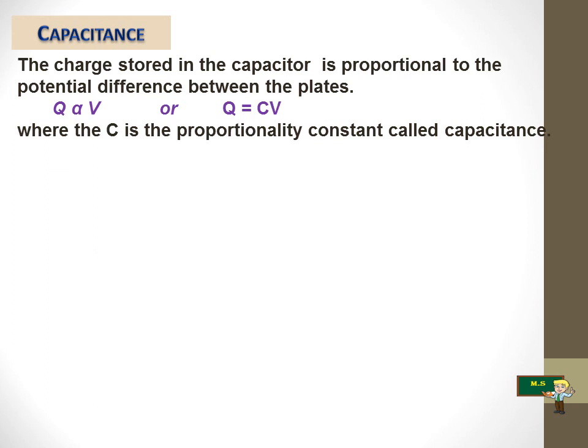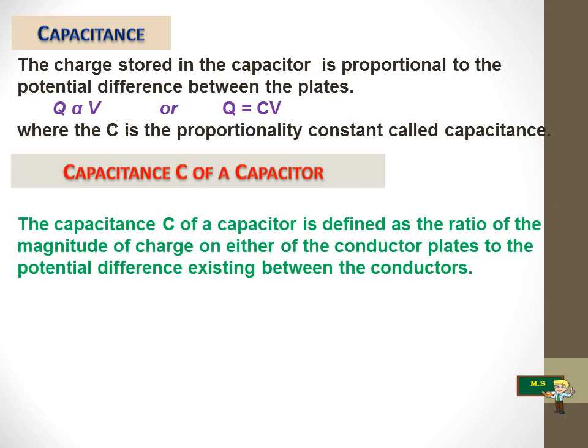Now Q is directly proportional to V, or Q is equal to C into V. Here C is the proportionality constant called capacitance. The capacitance C of a capacitor is defined as the ratio of the magnitude of charge on either of the conductor plates to the potential difference existing between the conductors.